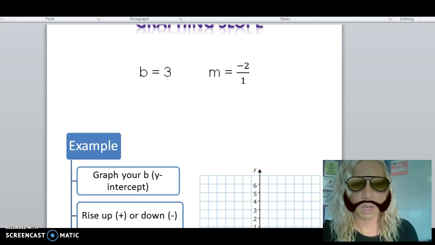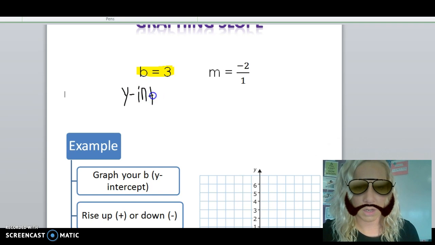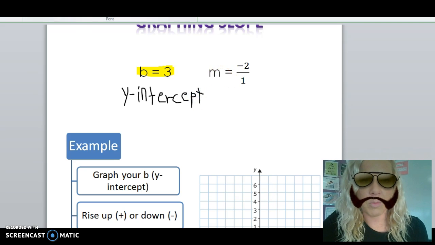Graphing slope. Again, our b represents what's called our y-intercept. So where the line crosses our y-axis, you might want to put that there too. Y-intercept. And then m represents our slope.